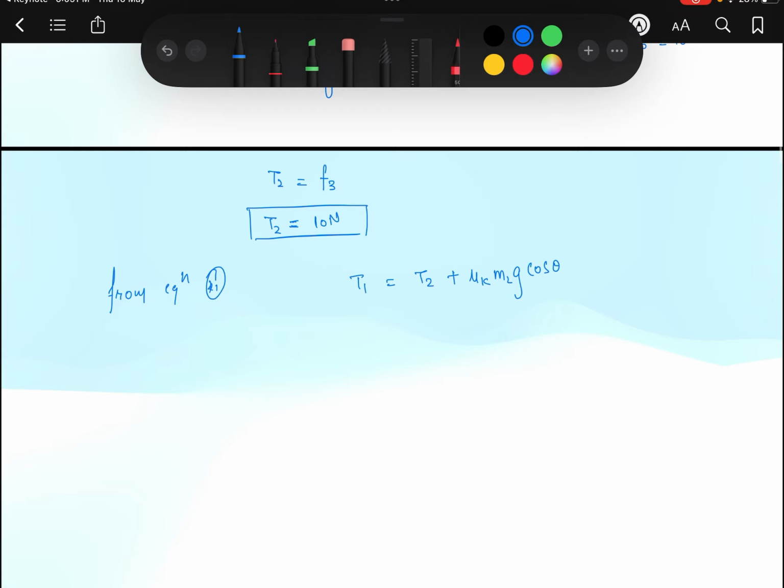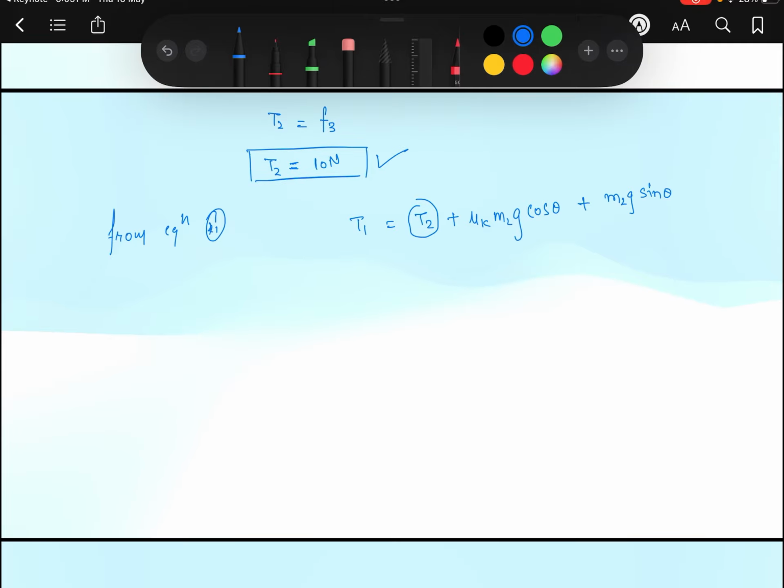So if I write equation number 2 completely, it will be T2 plus mu k m2g cos theta plus m2g sin theta. Here the value of T2 we already know, 10 Newton as calculated, and the mu k value is 0.25, and all values of m2 we know.